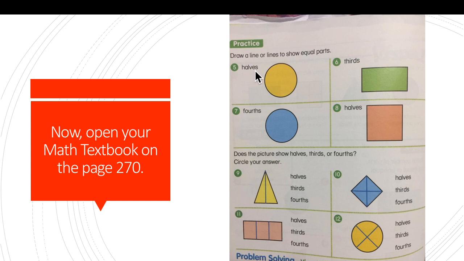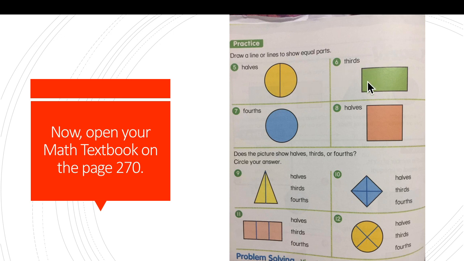Halves means two equal parts. Can you do that? Okay. Here is how you can do it. Draw the line from up, down. Make sure that the parts are equal.